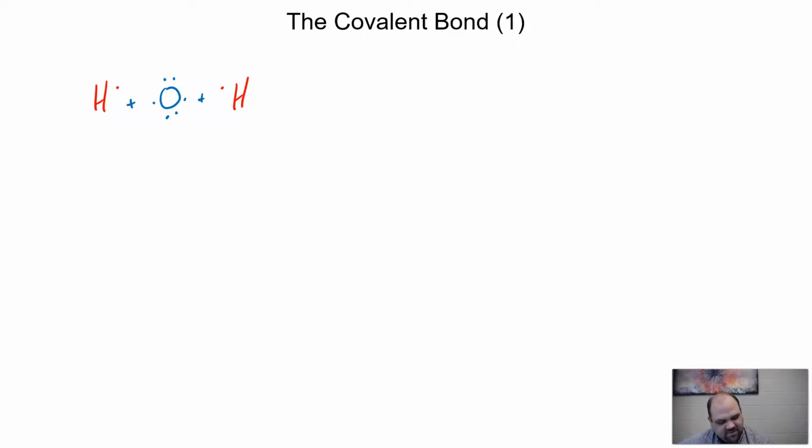And so if I have a hydrogen, 2 hydrogens and an oxygen, what I end up with is an oxygen here with his 6 electrons, and our hydrogens with their single electron each. And for oxygen, his octet is full with 8 electrons, and each hydrogen doesn't have an octet.